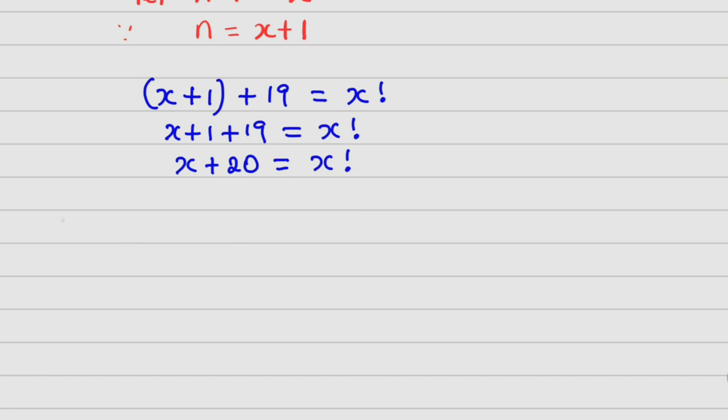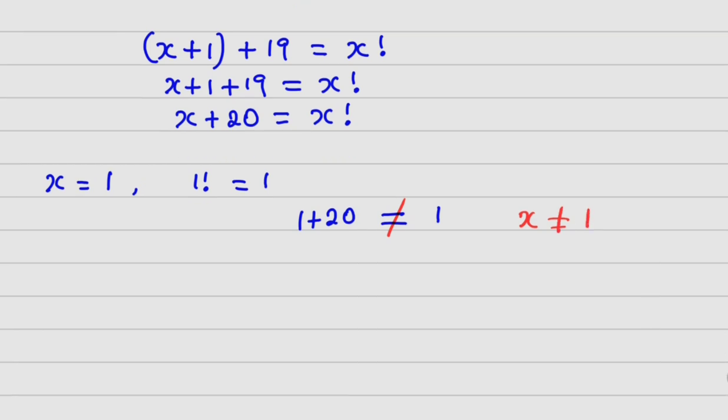Now I can try 1. If x is equals to 1, I'm going to have 1 factorial as 1. Hence, for the left hand side, we are going to have 1 plus 20. Is it equals to 1? Because 1 factorial is 1. Never, it is not equal. Hence, x is never 1.